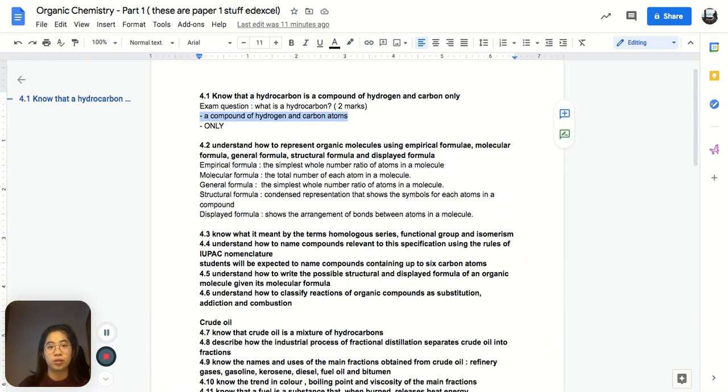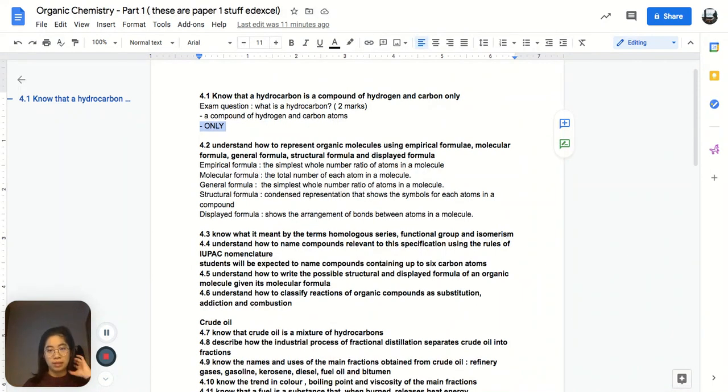You've got to know this. But the second point is what everyone will miss, and most people miss this mark because of this word, only. You have to remember to say only no matter what, because only is giving you the second point. Many people think compound gives you 1 point, and carbon and hydrogen atoms give you the second point.